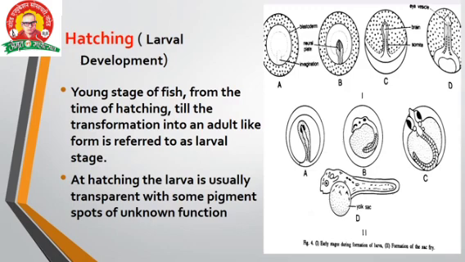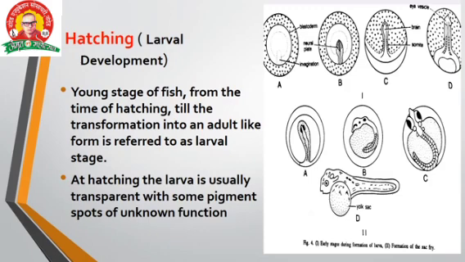While the various organs are being formed, the shape of the embryo is modified remarkably. The body gets elongated and differentiated into a distinct head, trunk, and tail.